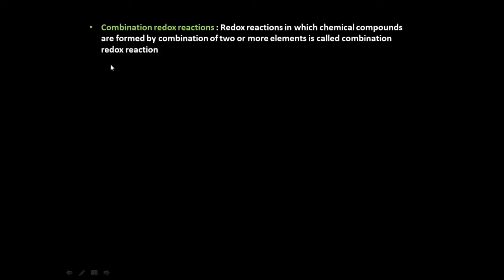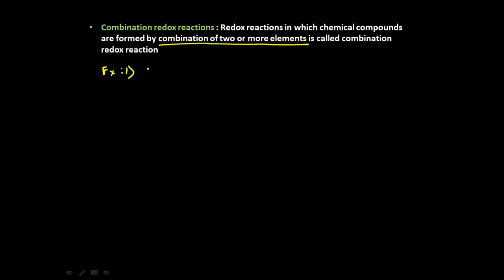First we will start with combination redox reactions. These are the redox reactions in which chemical compounds are formed by the combination of two or more elements. First I will give a very simple example.